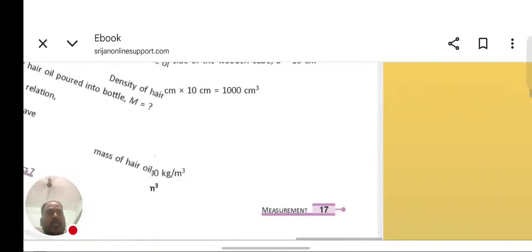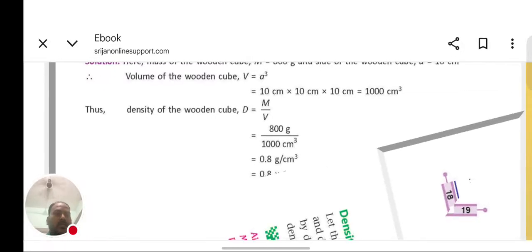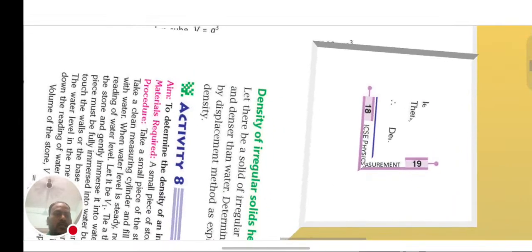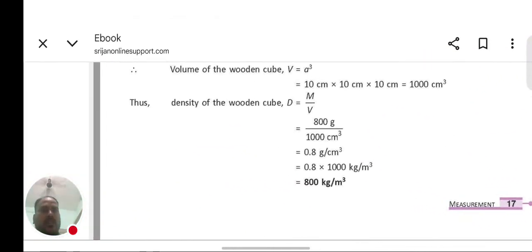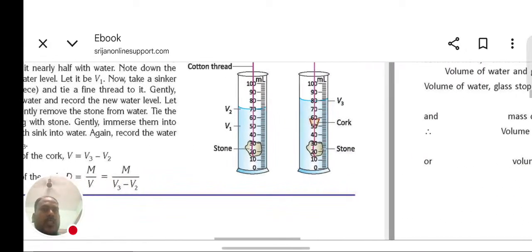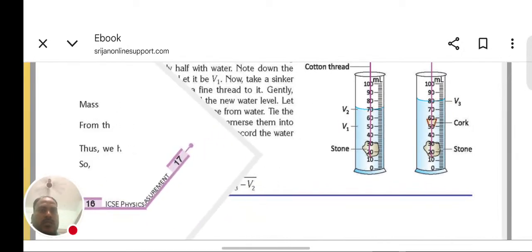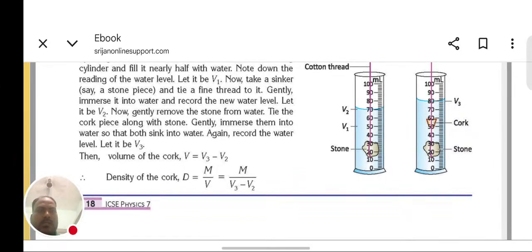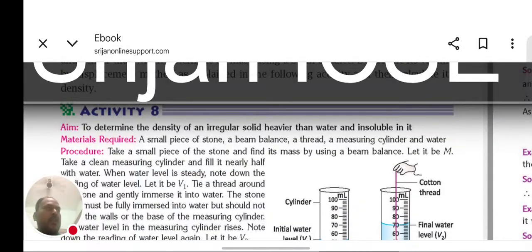Now next page. On the next page, the activity is given.